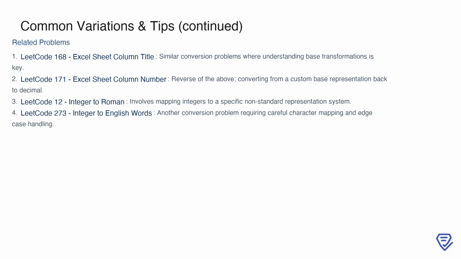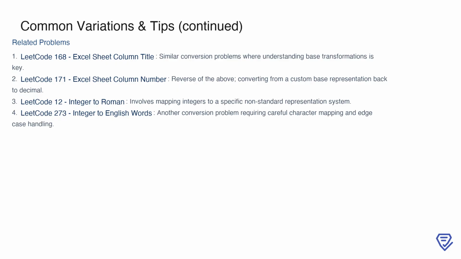Understanding Hexspeak can also help you tackle related problems that involve similar concepts of base conversion and character mapping. For example, LeetCode 168, the Excel sheet column title problem, requires converting numbers into a custom base representation, which relies on similar principles. Then there's LeetCode 171, the reverse of this process, where you convert from a custom base back to decimal.